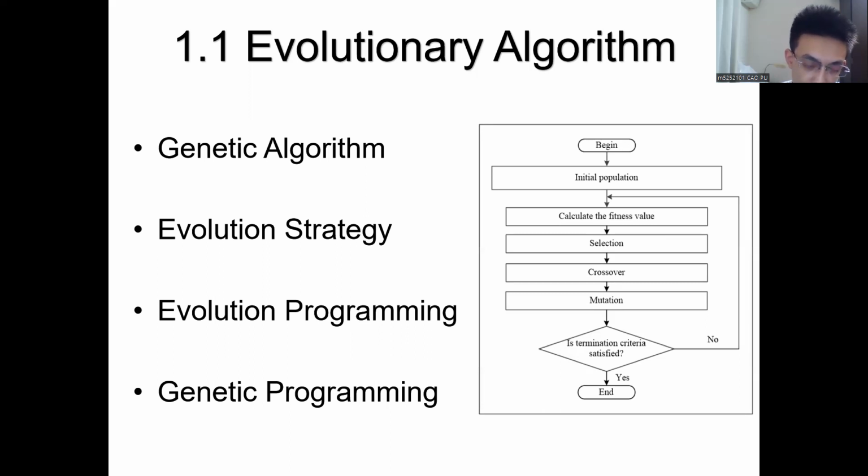For genetic programming, you need to optimize not only the value of the final result, but also the construct of the results. That means the purpose of genetic programming is to generate a model that is able to automatically solve the problem.